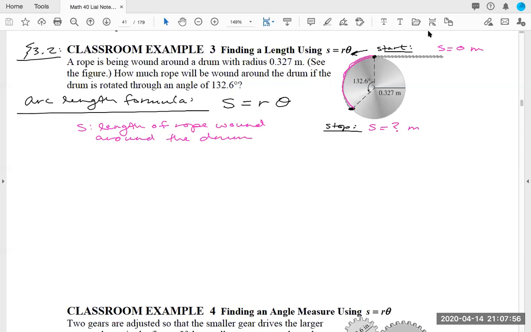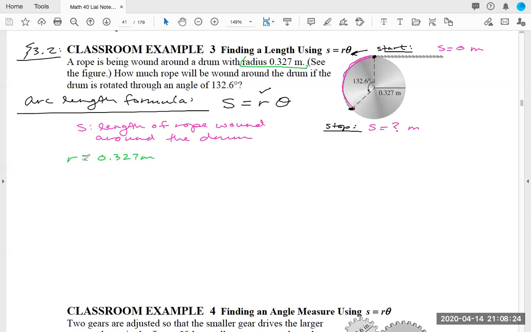All right, so let's go ahead and get started. Let's check off what we have and what we're looking for. Do we have S? No. So that's what we're looking for. Do we have R? Yes. R is given right here, and we can put equals.